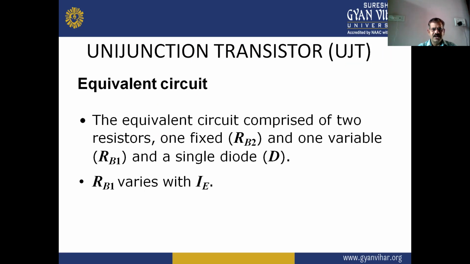The resistance RB1 across base B1 is a variable resistance, and the resistance RB2 is the fixed resistor across base B2, with a single diode D. Now RB1 varies with emitter current IE, so the emitter current depends on the base resistance RB1.